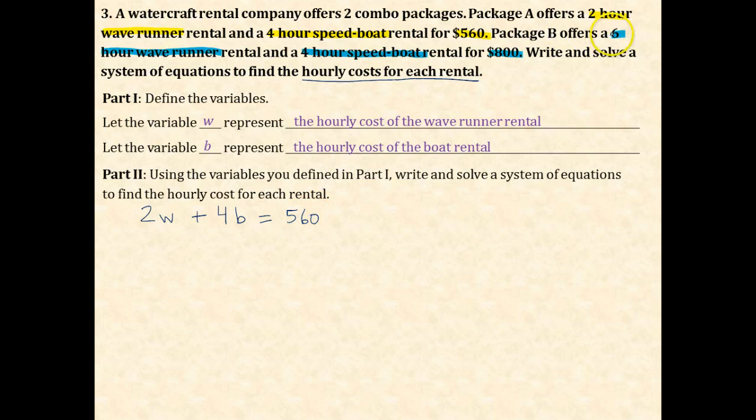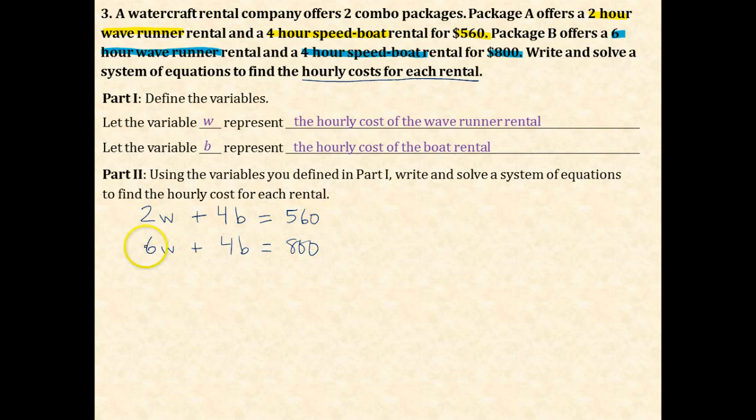And then a 6-hour wave runner rental, so 6W, plus a 4-hour speedboat rental, so 4B, equals $800.